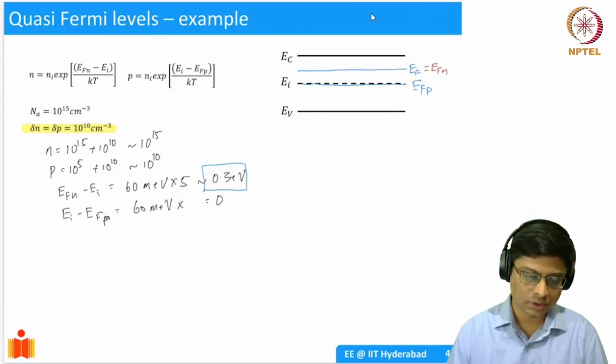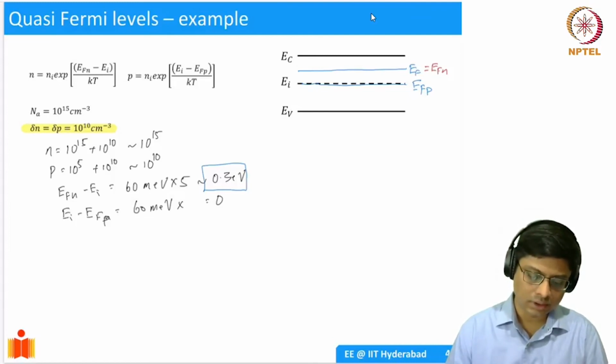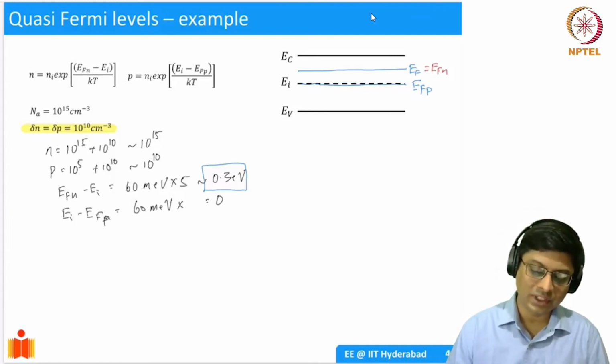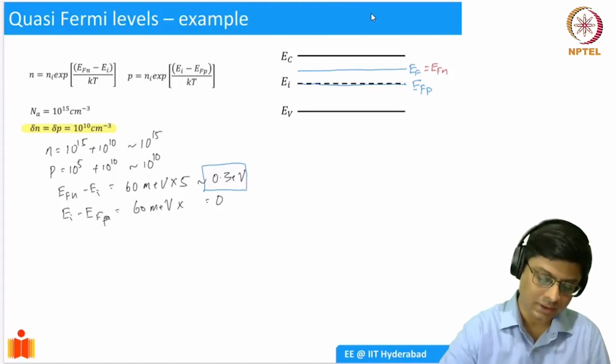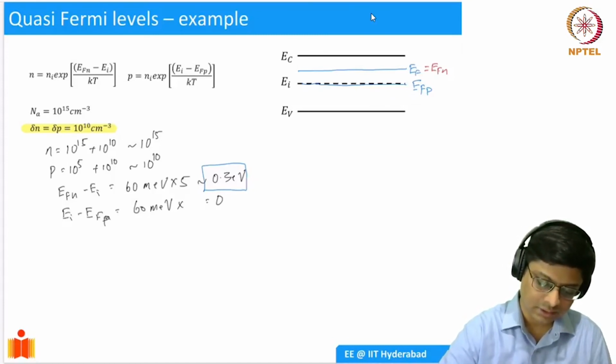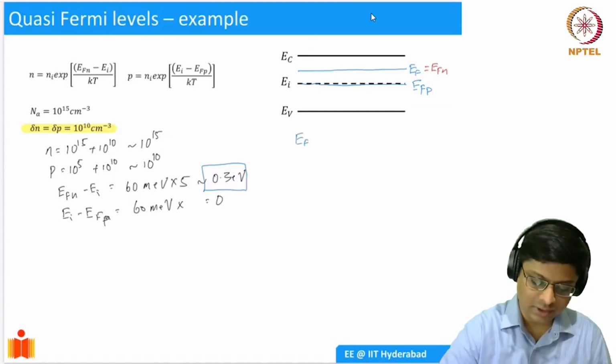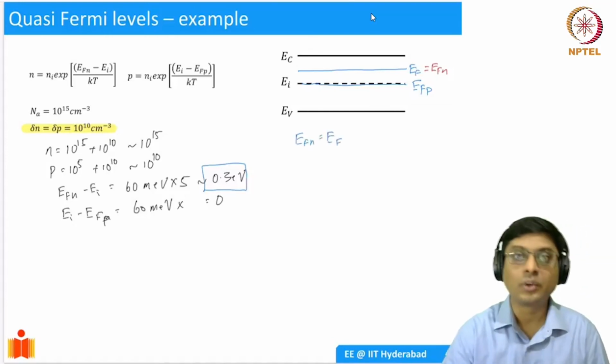So what does EFN equal to EF mean? We say that EFN equal to EF, right? What does it mean?